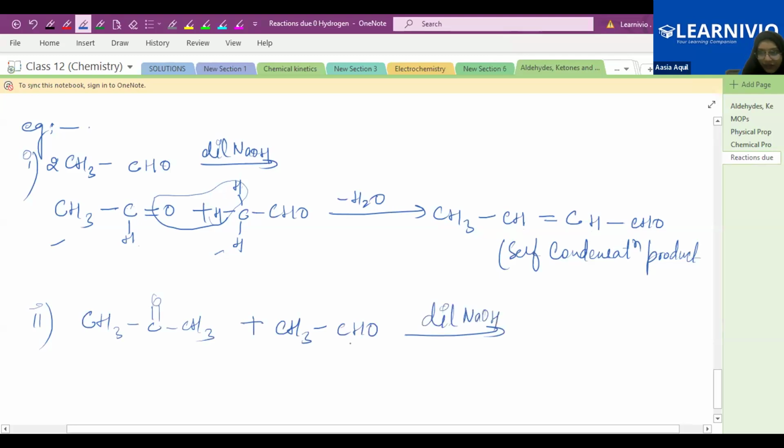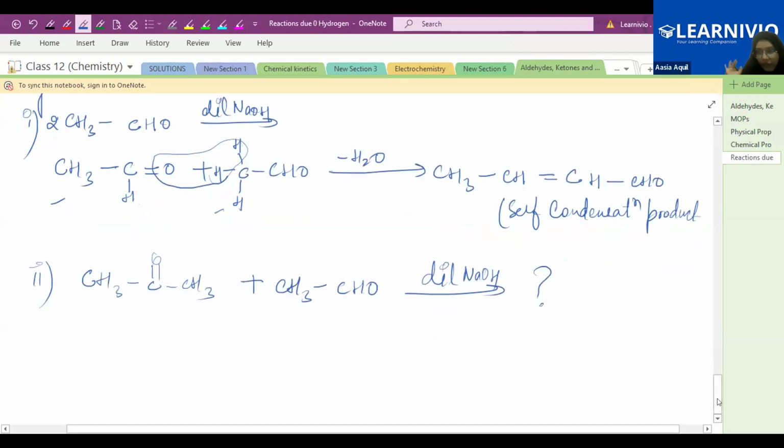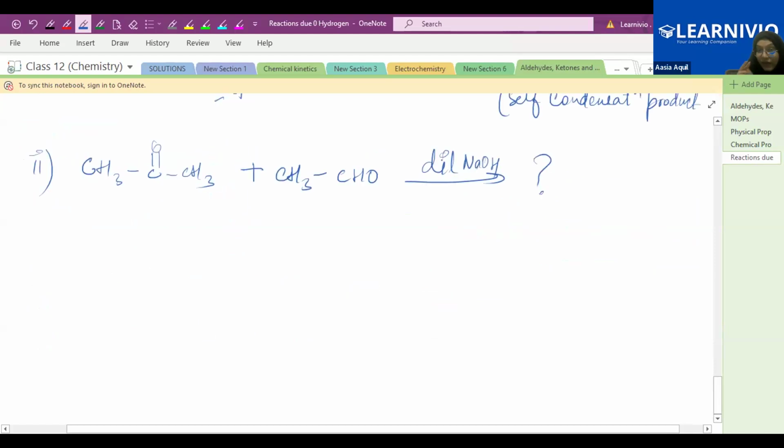These are the two reactants, and if you add dilute NaOH, what will be the product in this case? Write down the product. This is your cross aldol condensation. You can see this is your ketone, and if two different molecules are reacting over here, this is cross aldol condensation.